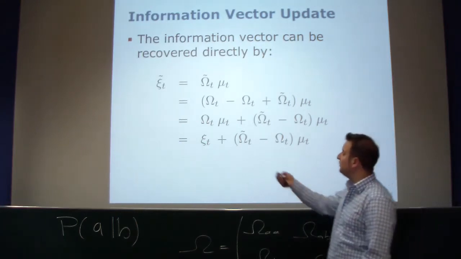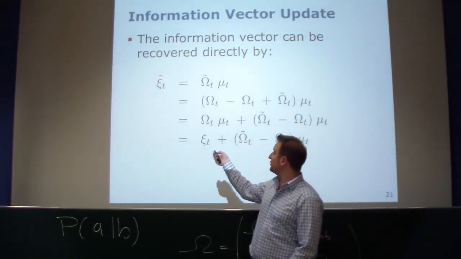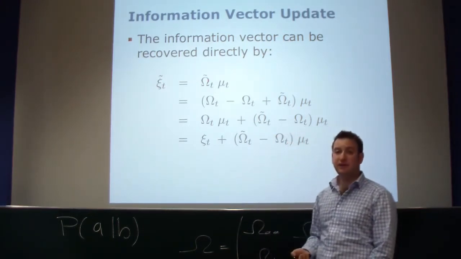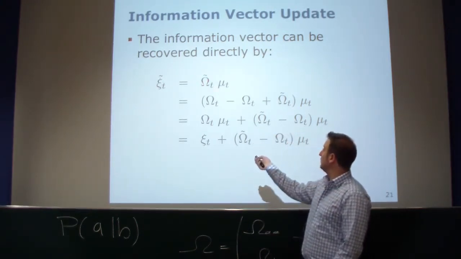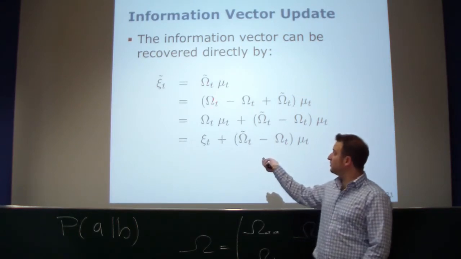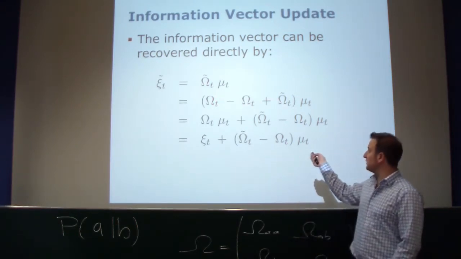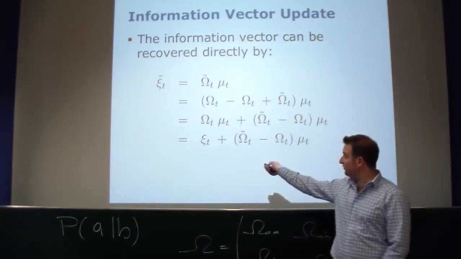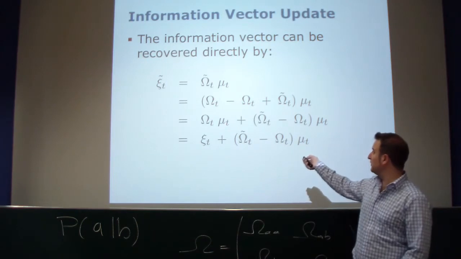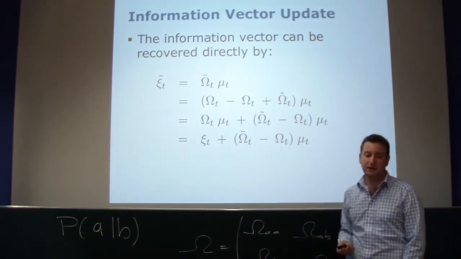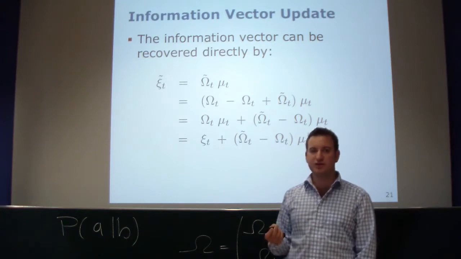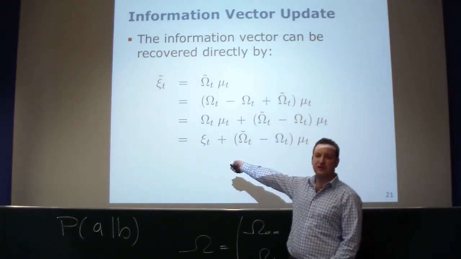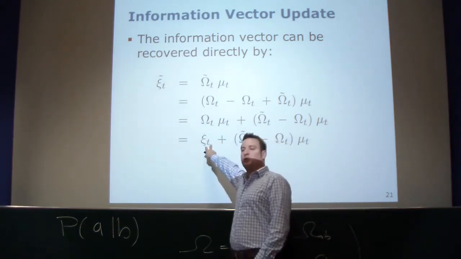This can be done quite easily because the approximate information vector can be expressed as the approximate information matrix times the mean estimate, and this can be expressed as the original information matrix plus the difference between the approximated one and the original one, times the mean. Now I can replace this with the original information vector. I did this manipulation because this quantity I already had.